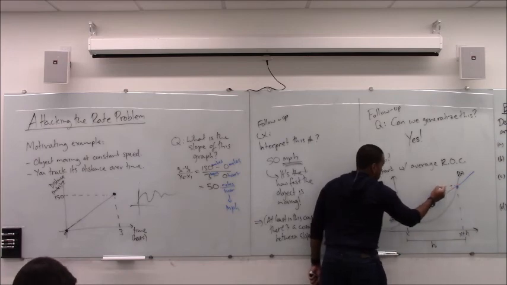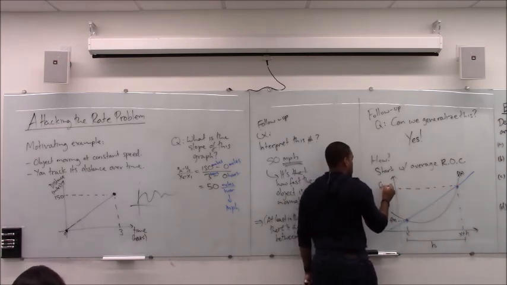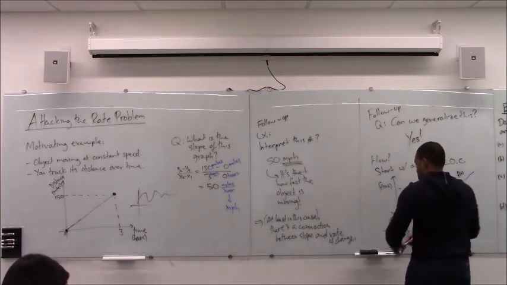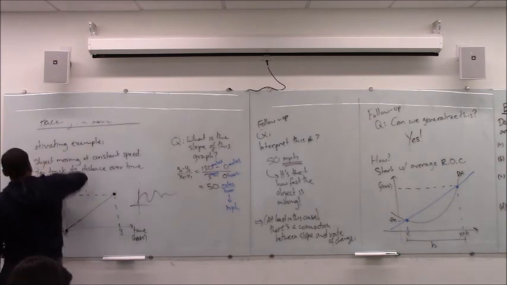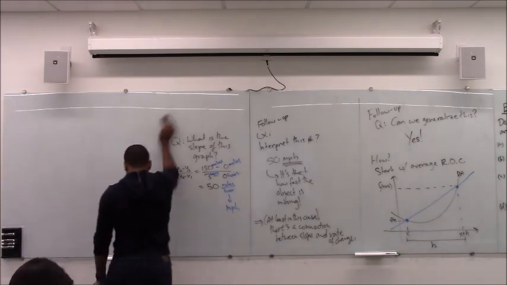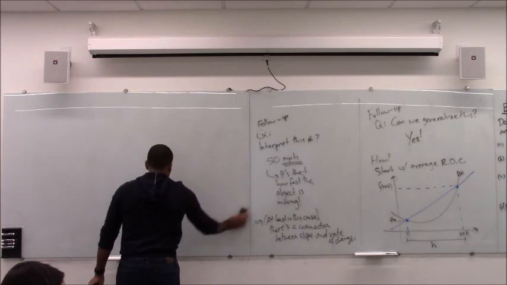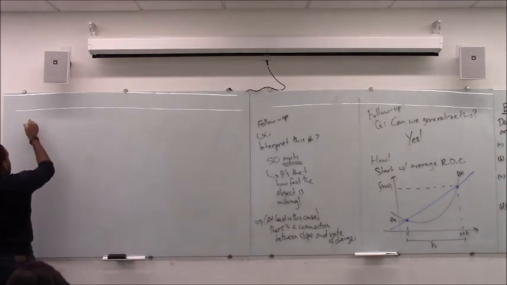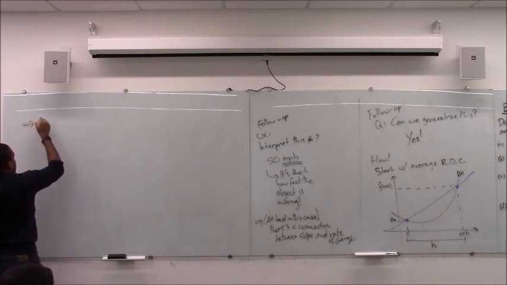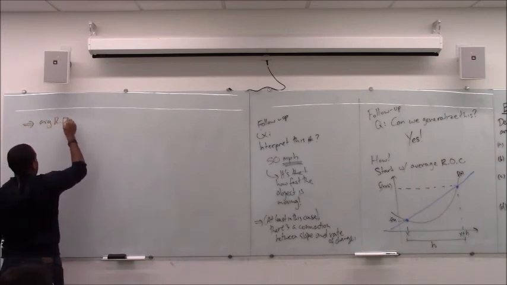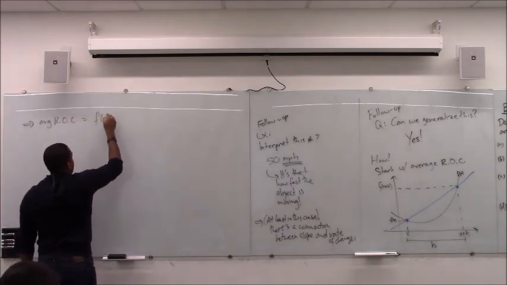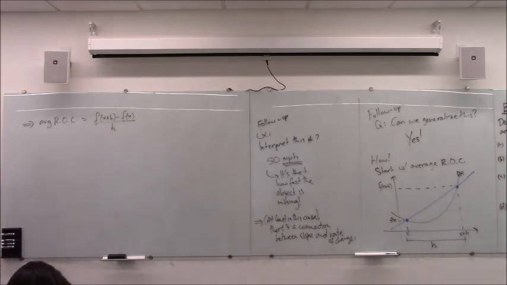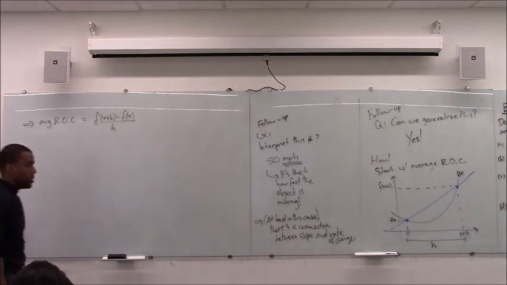The position at this part is going to be f of x plus h. What we would get is that the average rate of change is just going to be f of x plus h minus f of x, over h. I already derived that for you before. That's the difference quotient. That's where it came from.